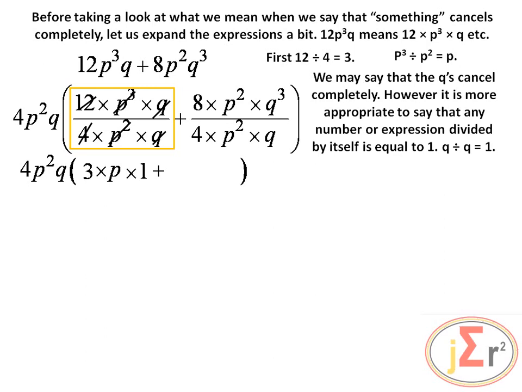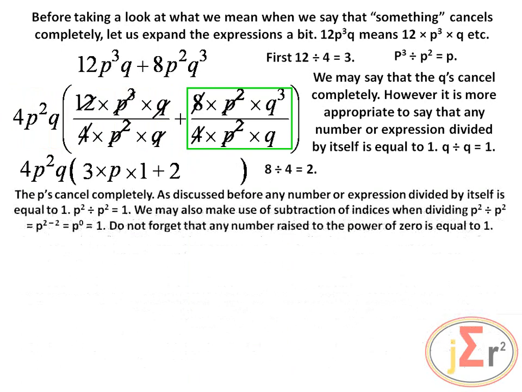And what do we mean when we say that the term vanishes into thin air? So we say 4 into 8 is 2, and we say p squared will cancel p squared completely. The p's cancel completely. As discussed before, any number or expression divided by itself is equal to 1.